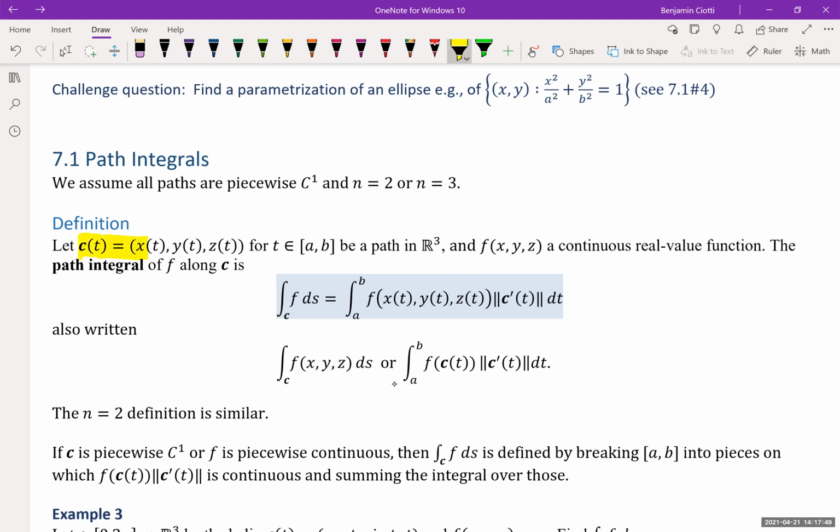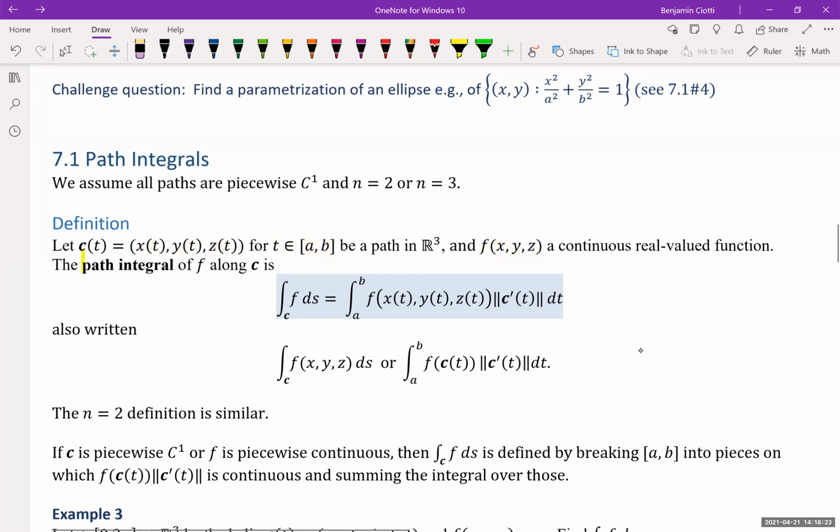Let C be a path. I'll do the definition in R3, although the R2 definition is similar. So C is a path with components x, y, and z, each being some function of t, and t will be in the interval a to b. And our integrand, f, will be some continuous real valued function.